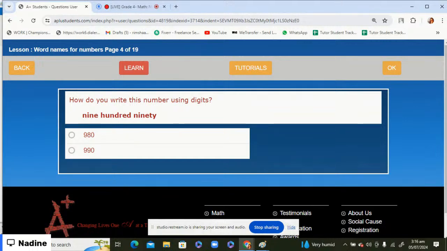How do you write this number using digits? 990. What is it? It's 980 or 990? Second, option A or option B? So it's 990, option B. Good.